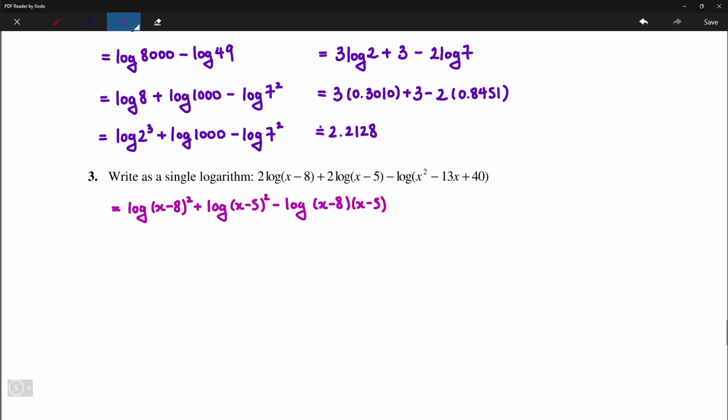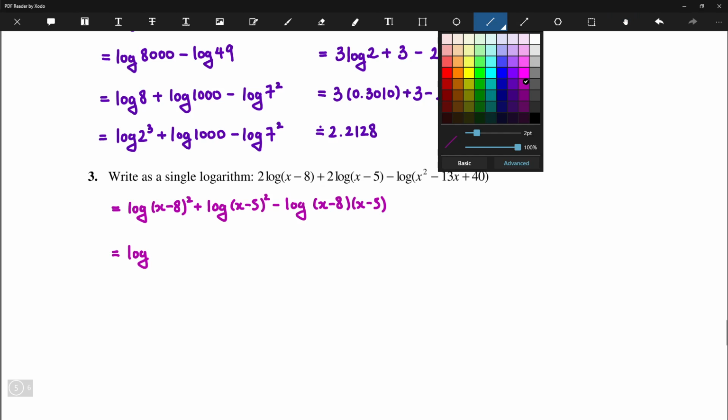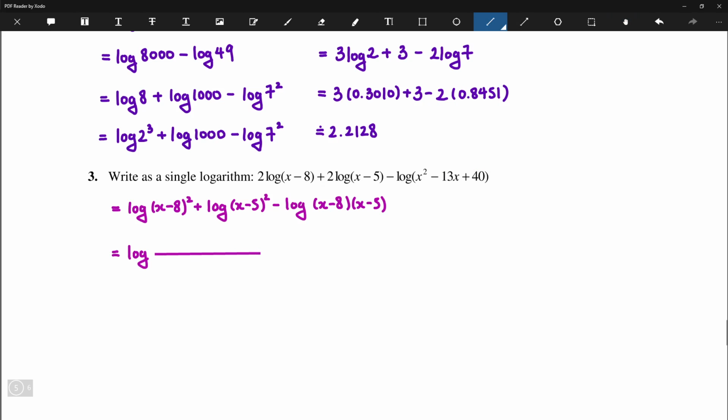Now, notice that we are adding two logarithms together and then subtracting a third one. So what we can do, of course, is rewrite this whole thing as a single logarithm. So this will be log (x minus 8) squared times (x minus 5) squared all over (x minus 8)(x minus 5).